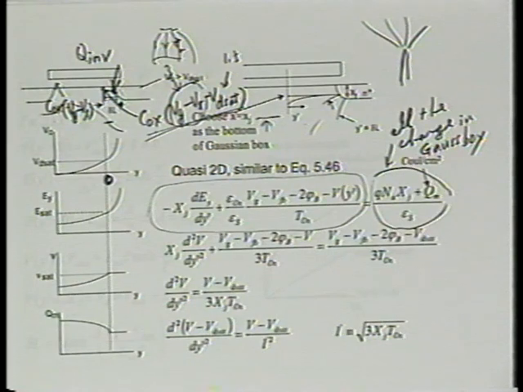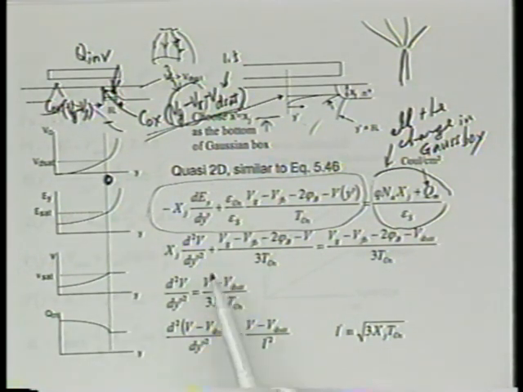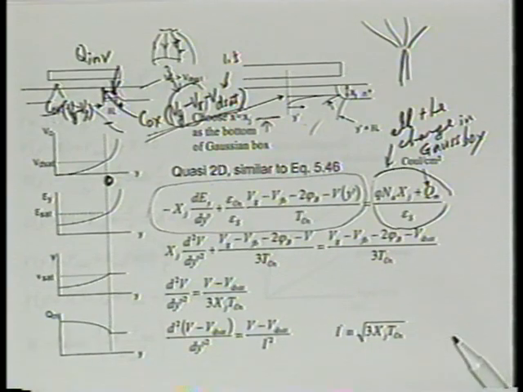The more we limit the range we have to solve the equation, the easier it is and the more useful approximations we can make. So we limit ourselves just within this pinch-off region. Next term, no change at all. The right-hand side, we did change things quite a bit.